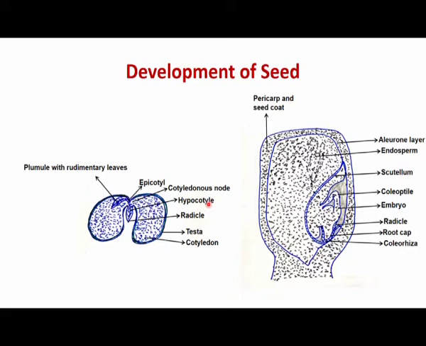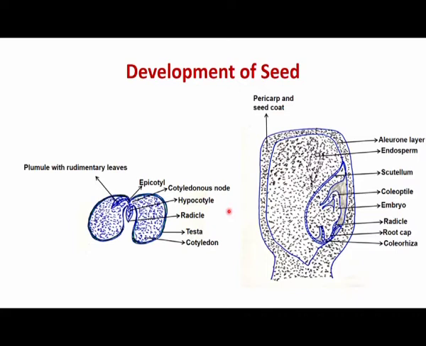The multiple structures present in the embryo sac develop into multiple anatomical structures within the seed.